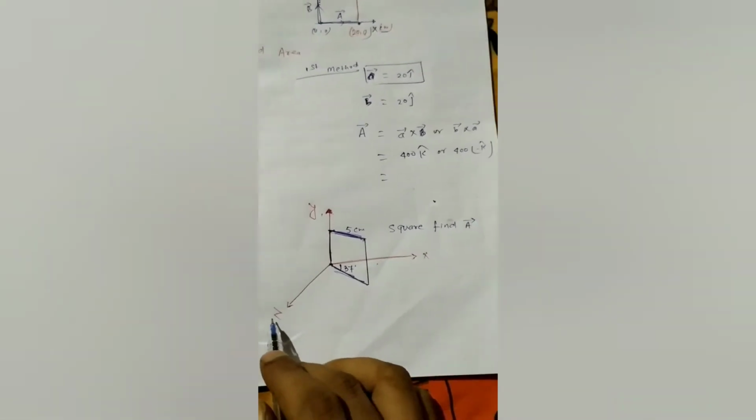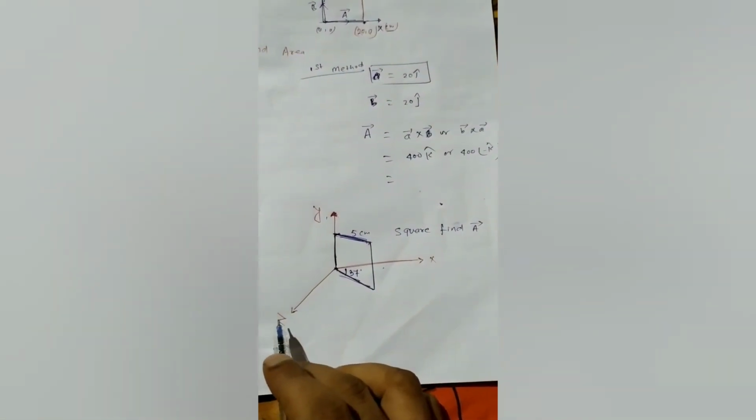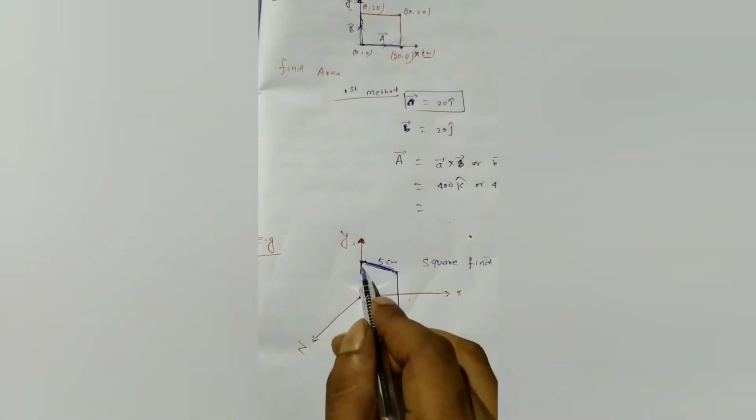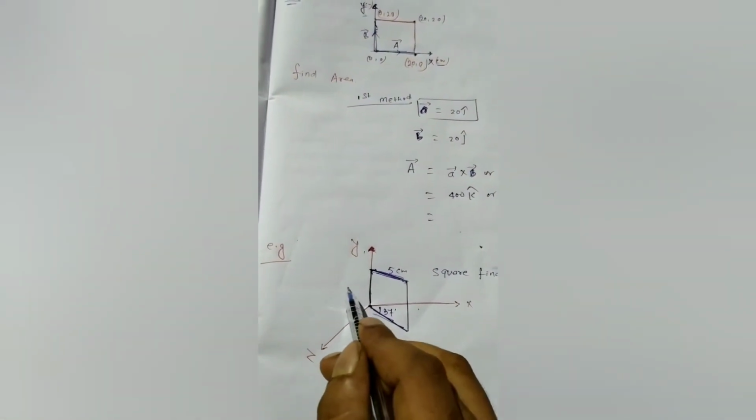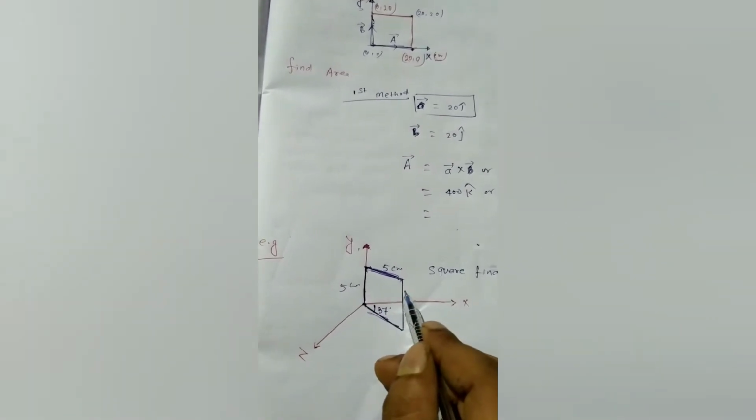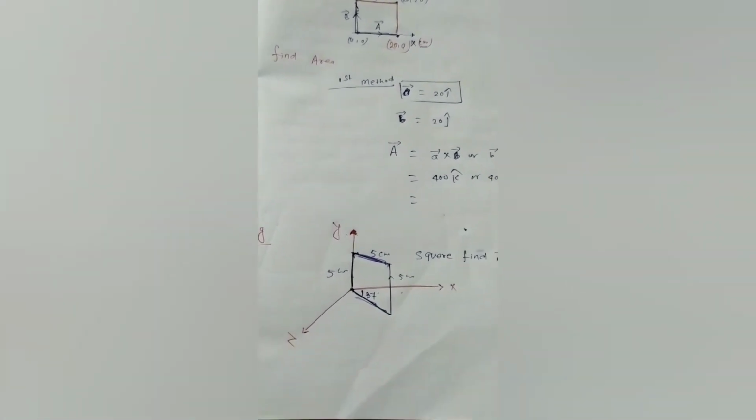They're asking to find the area vector. Whenever you are going to find area vectors, you always have to take the cross product or vector product of any two sides. So this is also 5 centimeter, this is also 5 centimeter, this is also 5 centimeter.